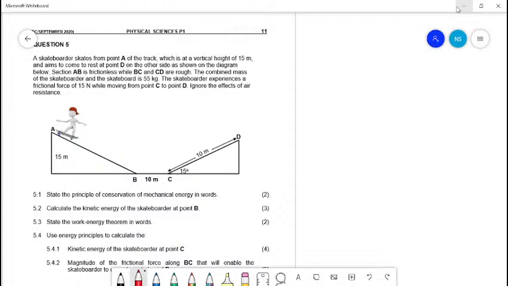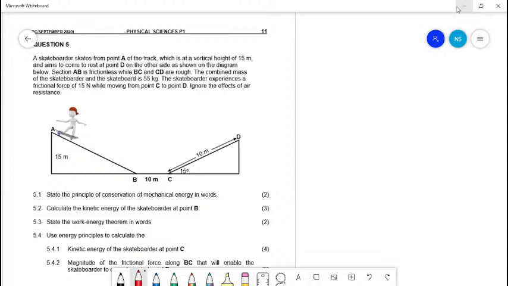As you can see in question 5, we are given a skateboarder, and we're told that a skateboarder skates from point A of the track, which is at a vertical height of 15 meters, and aims to come to rest at point D, on the other side, as shown on the diagram.